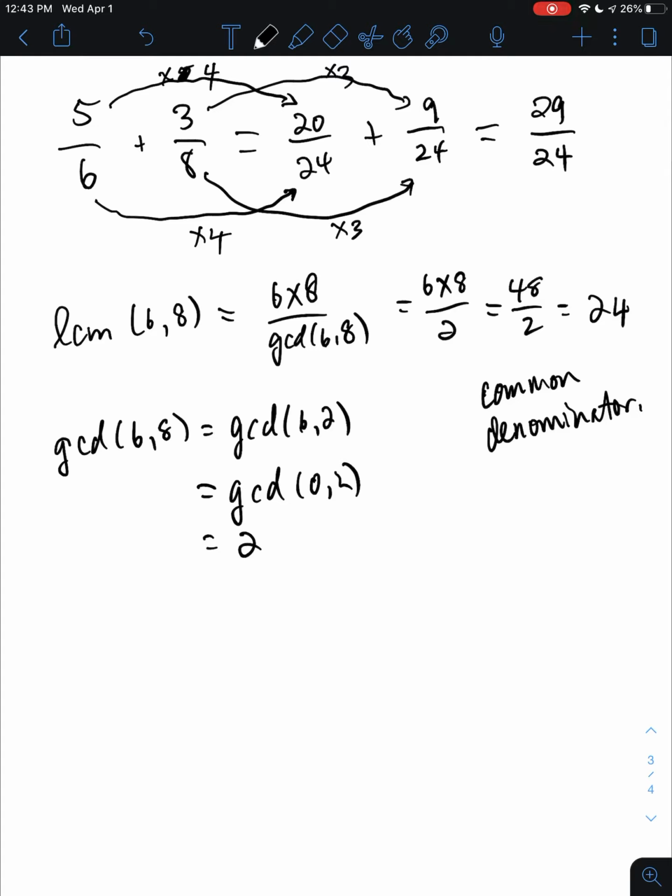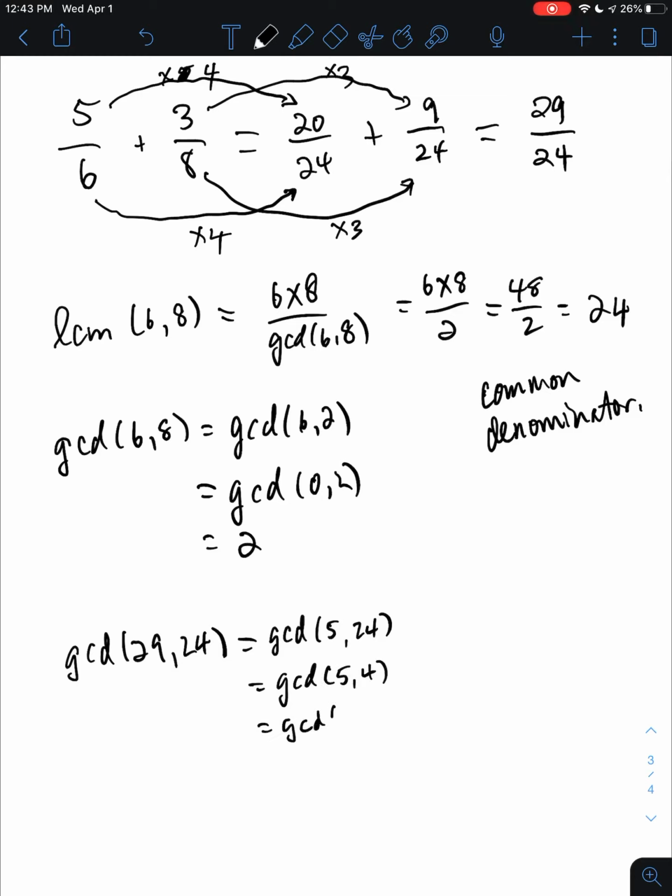All right, well, is that the final answer? Well, I need to find the GCD of 29 and 24. Now, that is the GCD of 5 and 24, which is the GCD of 5 and 4, and the GCD of 1 and 4, GCD of 1 and 0, which is 1.